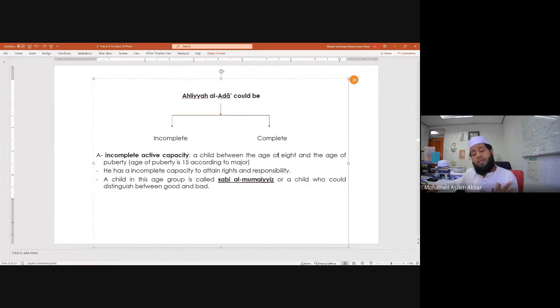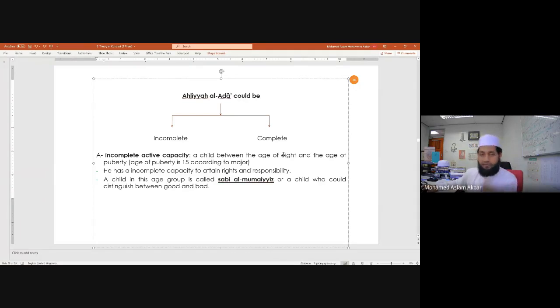That's why, to make it simple and easy to remember, I give you 4 stages of life. The first one is the fetus. The second one is the newborn baby. The third one is from the age of 8. The fourth one is the one who has already attained majority.